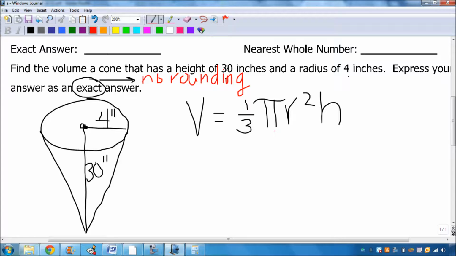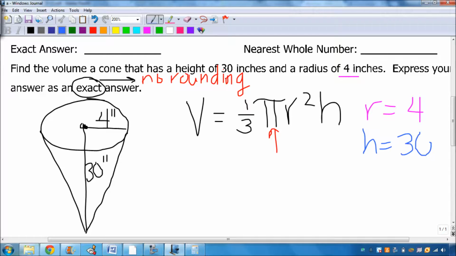It's very close to what would be an exact answer possibly, but it's not exact. So an exact answer means that we're going to leave the pi here, and then I don't have to worry about rounding because that's the only irrational number that I have in my answer. So let's plug in our information. We know that the radius right here, it tells us the radius is 4, so we're going to say r equals 4, and we know that the height, it tells us, is 30.